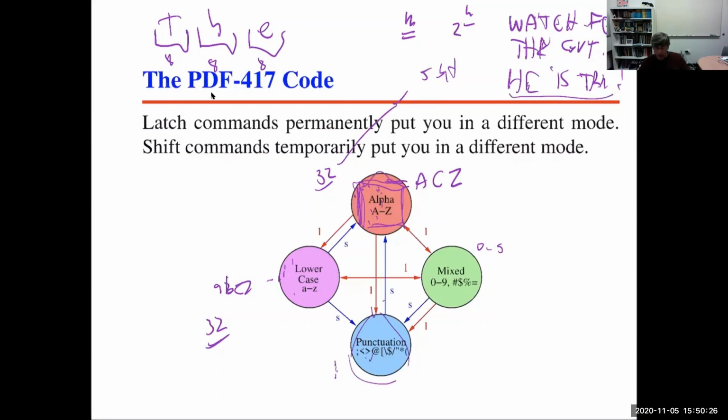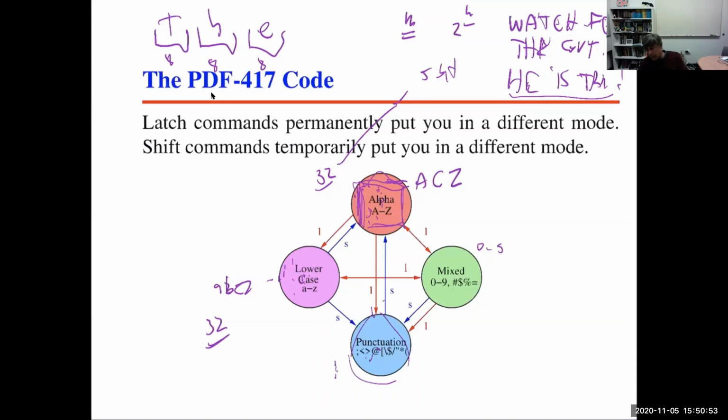Recognize that if you've got a name, so the question is, you've got the letters in different modes. You pay a price for jumping from one mode to another. You can either shift in one step to a mode, so you go temporarily into a mode and then jump back to where you were, or you could permanently jump into a mode.